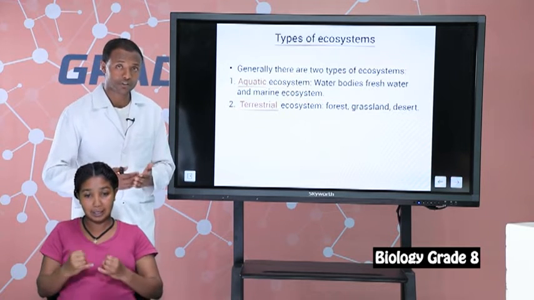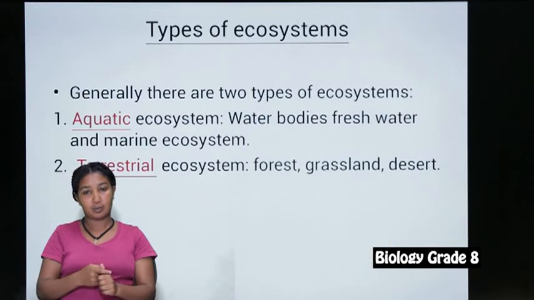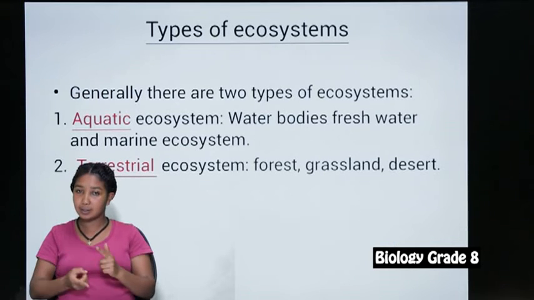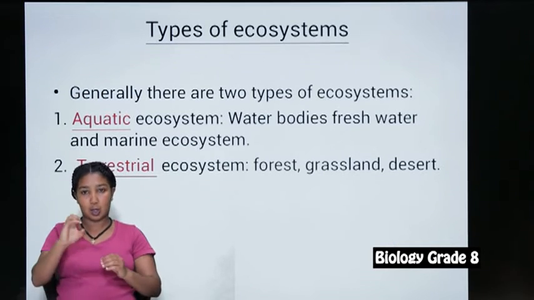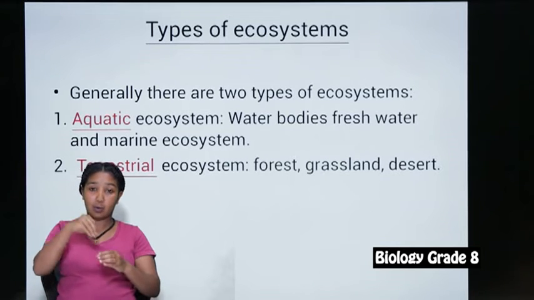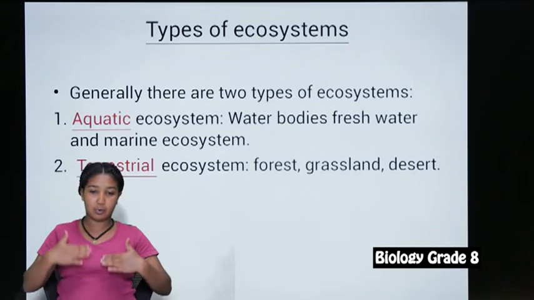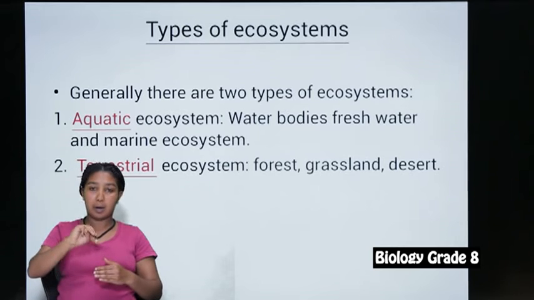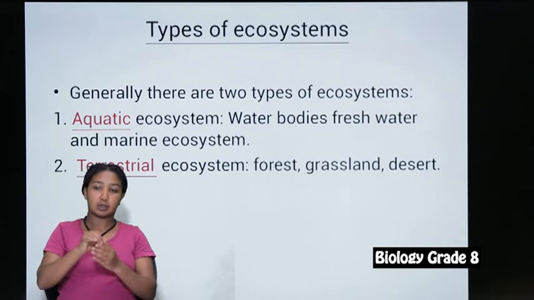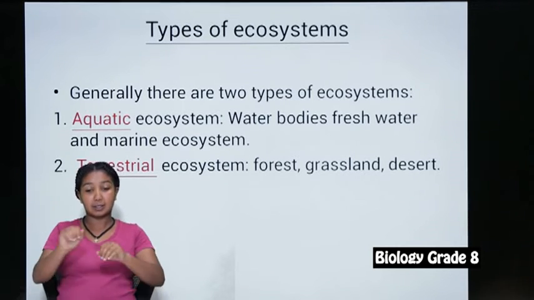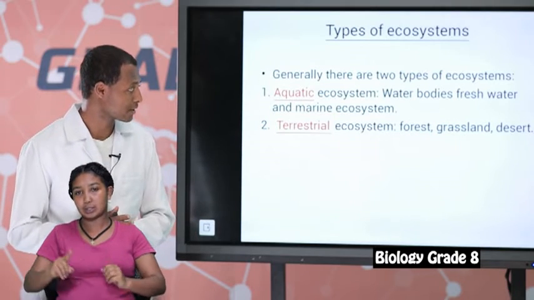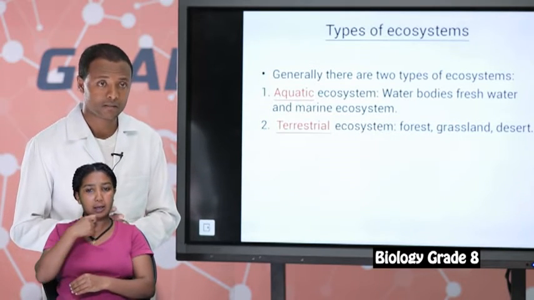We classified ecosystems into two: aquatic ecosystems and terrestrial ecosystems. Aquatic ecosystems include all water bodies, that is freshwater bodies and the marine environment, that is ocean. The terrestrial part of the ecosystem is also forest, grassland, desert, and others.